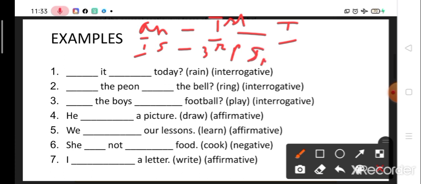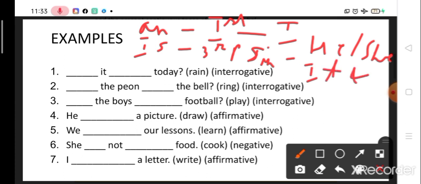And what are third person singulars? It is he, she, it, and common and proper nouns. Got it?